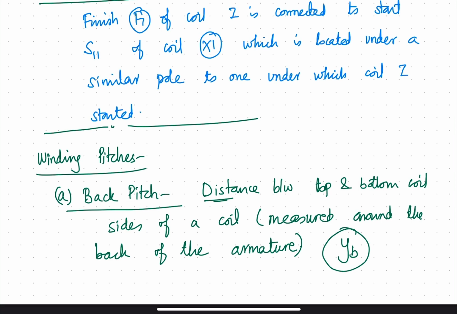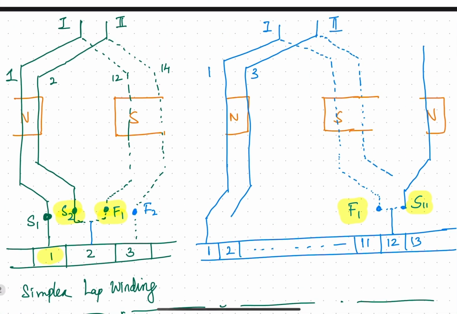Okay, so in the figure, let's try and locate back pitch here. Back pitch is the distance between the top and bottom sides. So if this is the top side and if this is the bottom side, this distance is YB, measured around the armature.